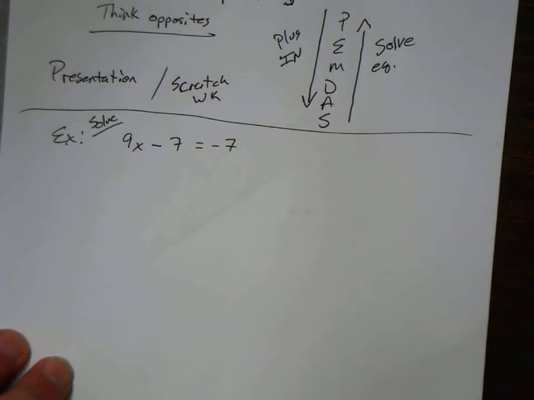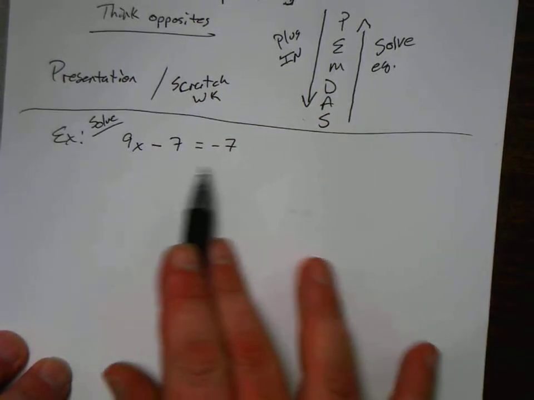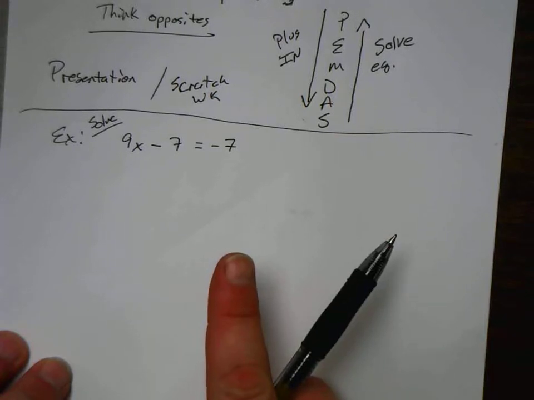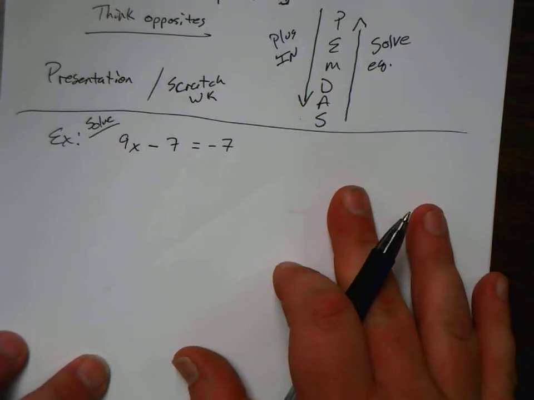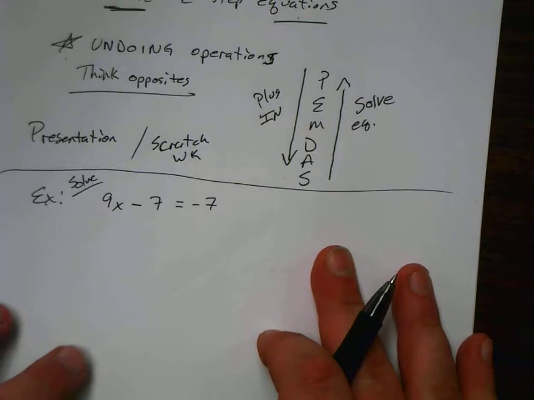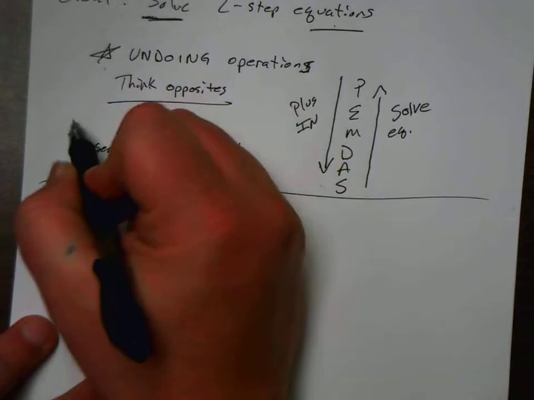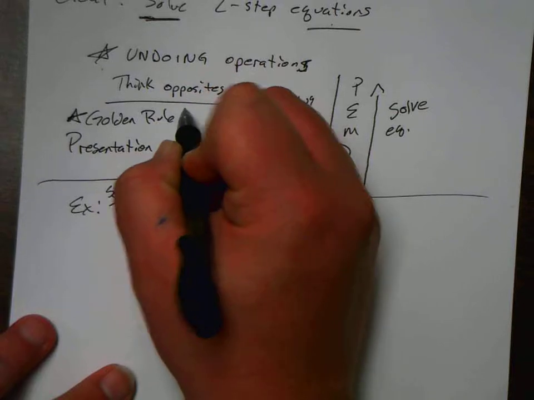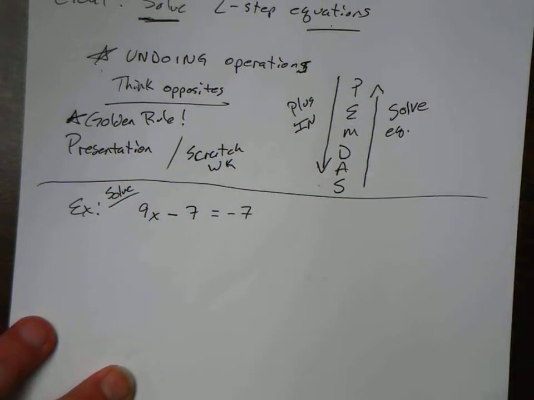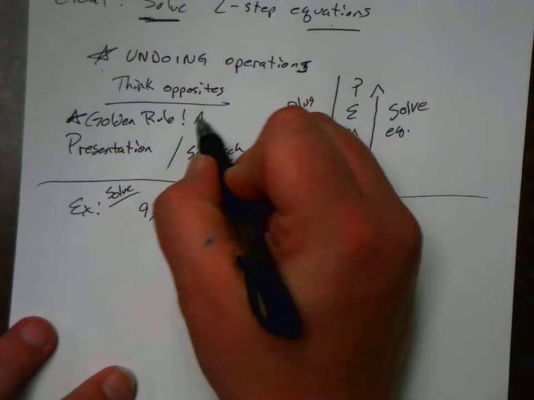So my presentation, I'm going to show one step at a time. Now, one other thing. Don't forget the golden rule. What you do to one side, you better do to the other. That is the golden rule of algebra.